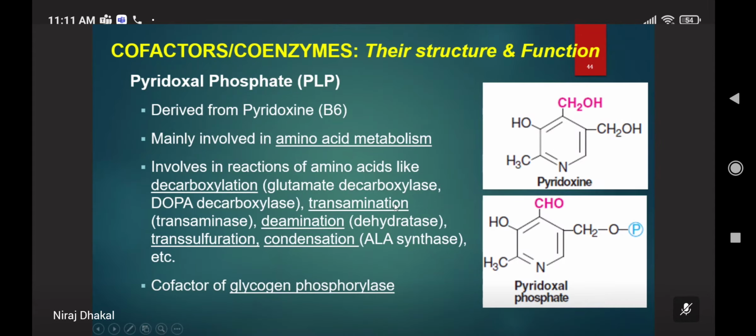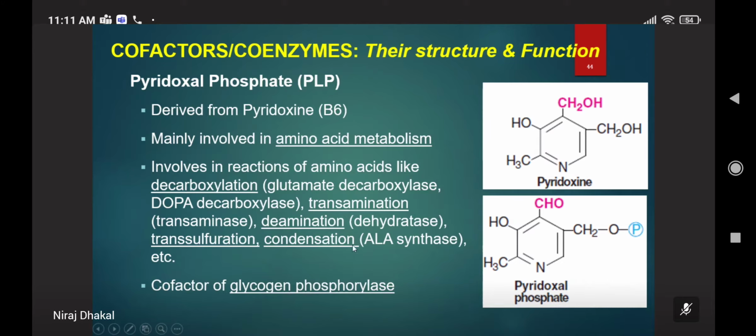It is also involved in transamination, that is transfer of amino group from one amino acid to another keto acid. Deamination, for example dehydratase, is required to release amino group from amino compound. Transsulfuration, transfer of sulfur group, and condensation.